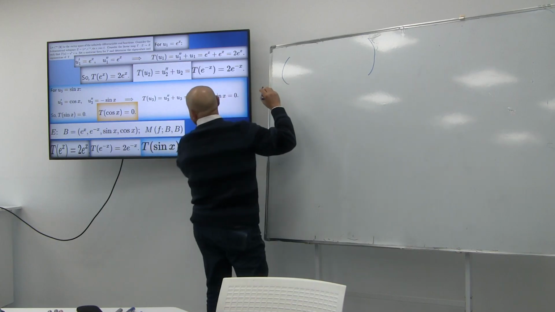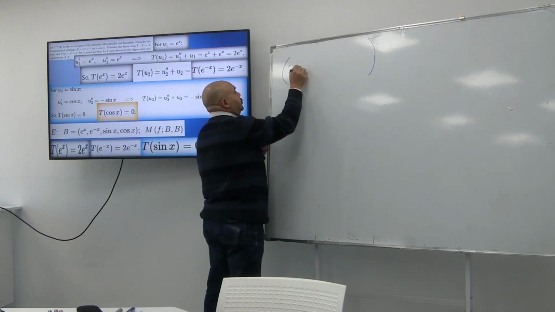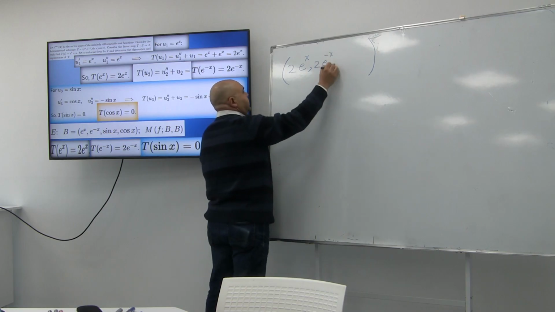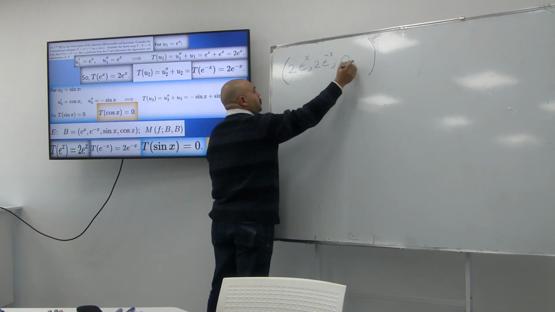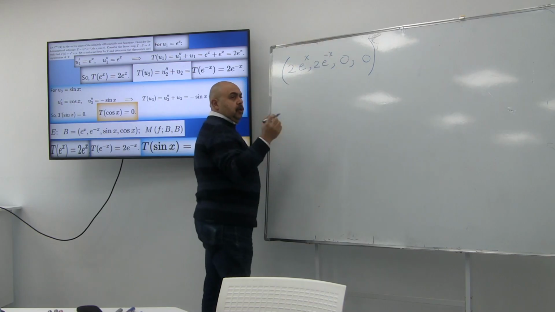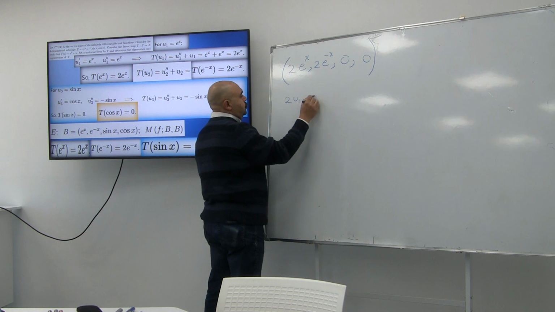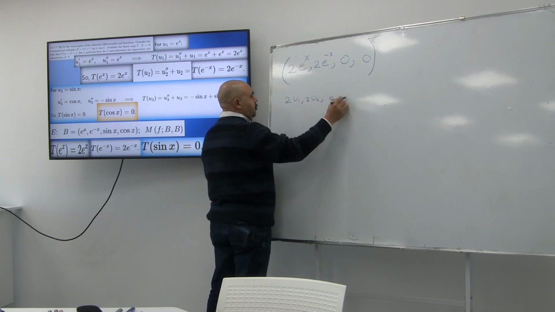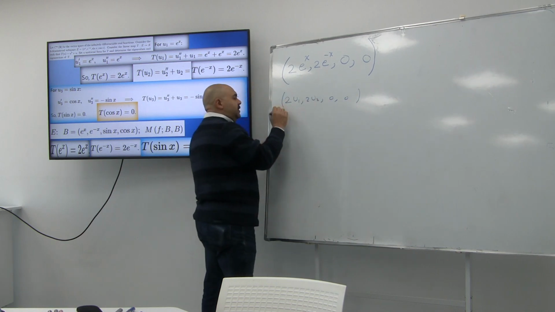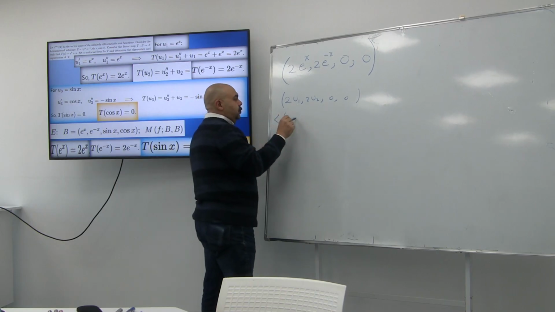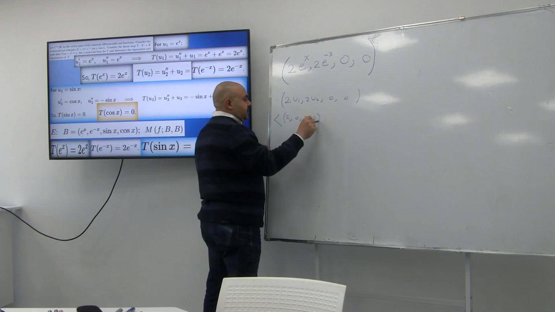The first one is 2e to the power x, the second one, 2e to the power negative x, the third one is 0, and the fourth one is 0, which stands for 2 of u1, 2 of u2, 0 and 0. And this will lead to the following span, which is 2 and triple zeros.